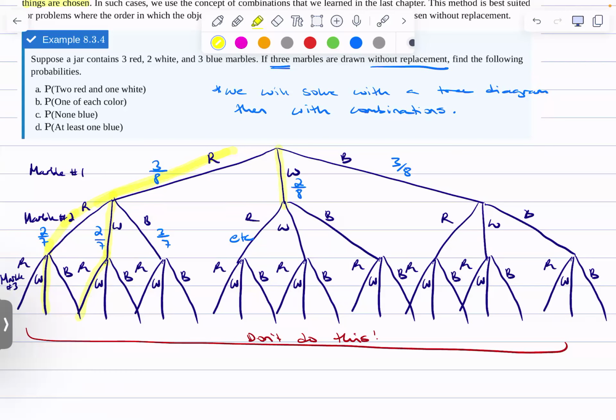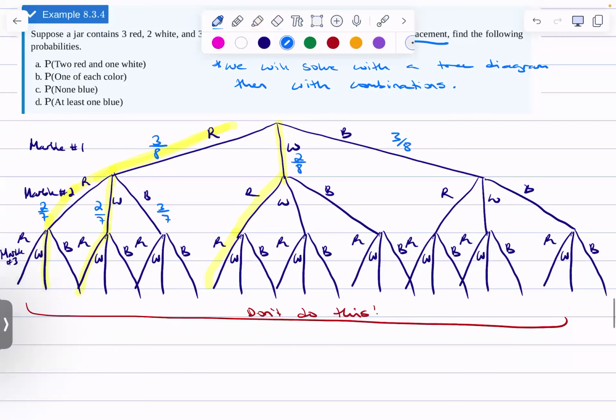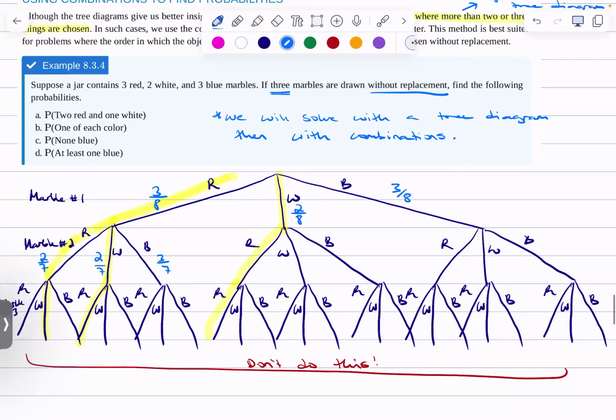Or a white, a red, and a red. Or not a blue. So you could only map out those probabilities, and let's maybe do that because I'm feeling okay. This is only for A.